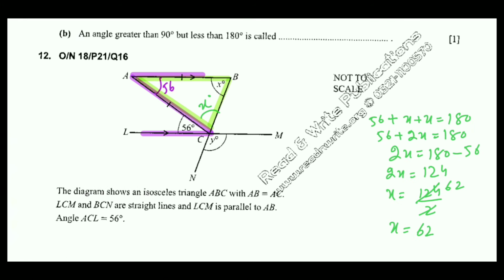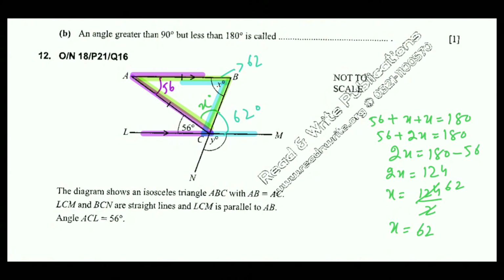One more Z angle I can see here, like this one. This is one more Z. So if this x is 62, this angle will also be 62.